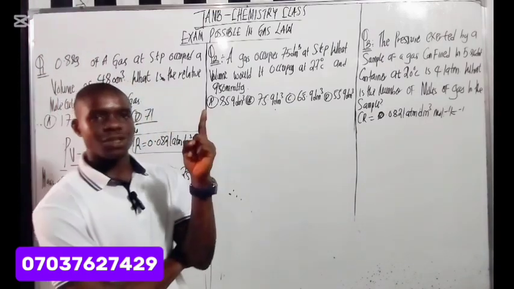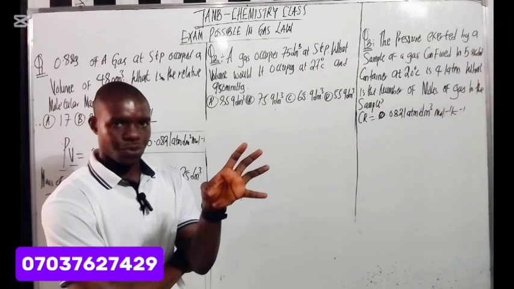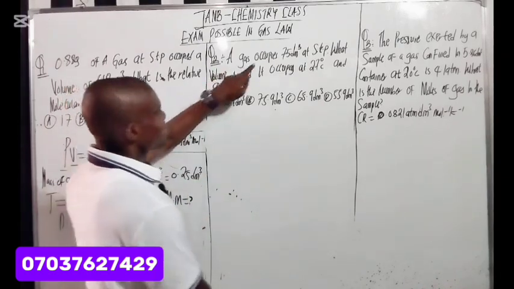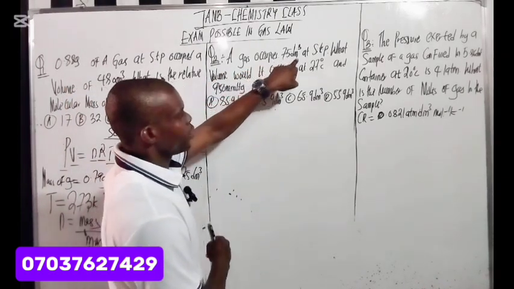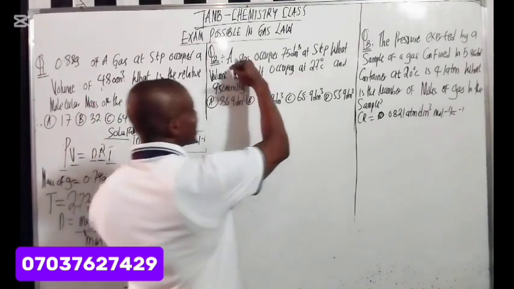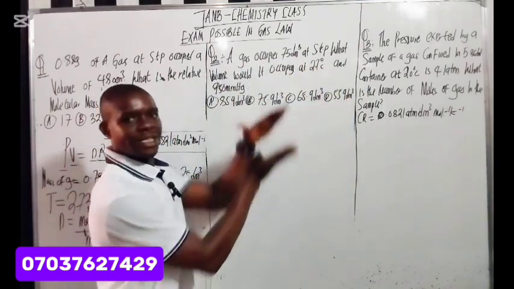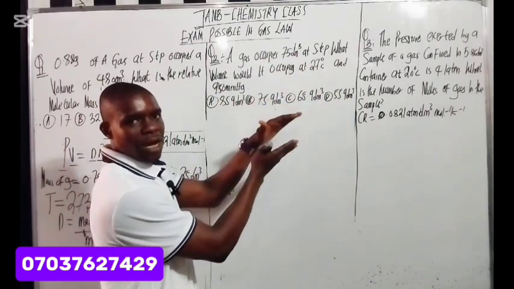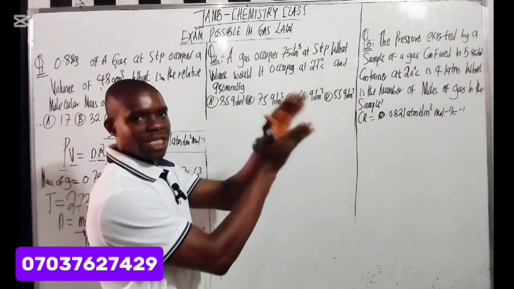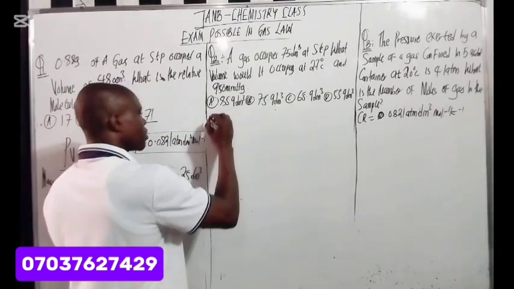So this is not the ideal gas equation. This is called the general gas equation. The statement here gives my initial volume, initial temperature, and initial pressure. Do you understand?